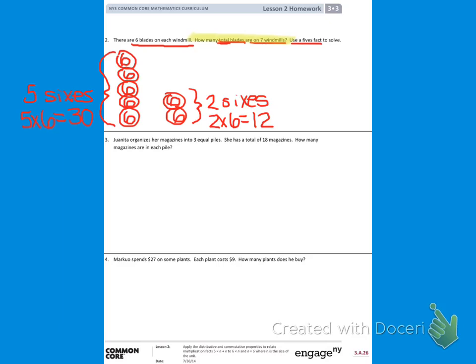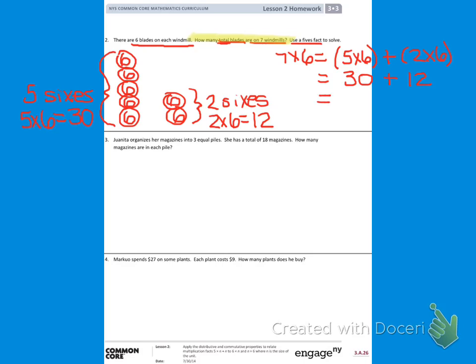Now I will use the distributive property to finally solve the equation. 7 windmills times 6 blades on each windmill is the same as 5 groups of 6 plus 2 groups of 6. 5 groups of 6 is 30, plus 2 groups of 6 is 12.